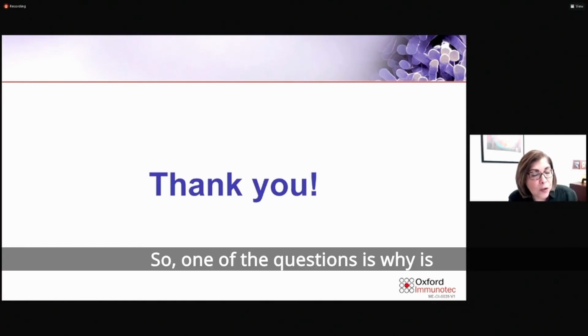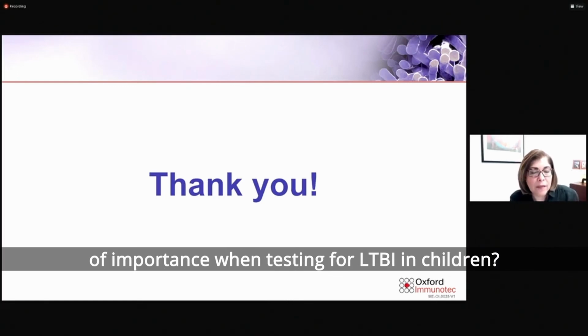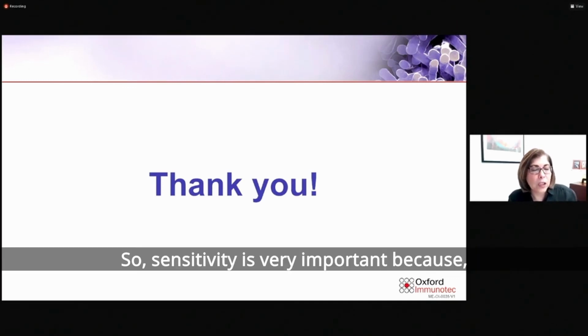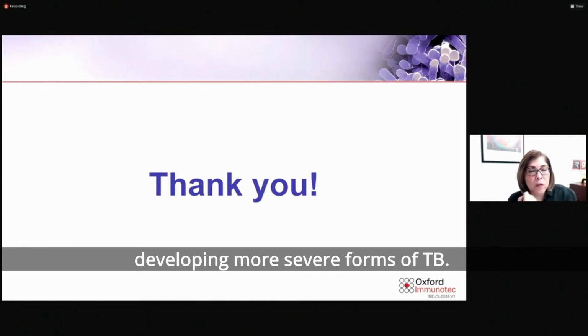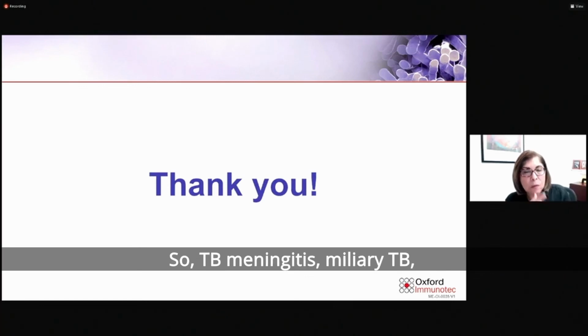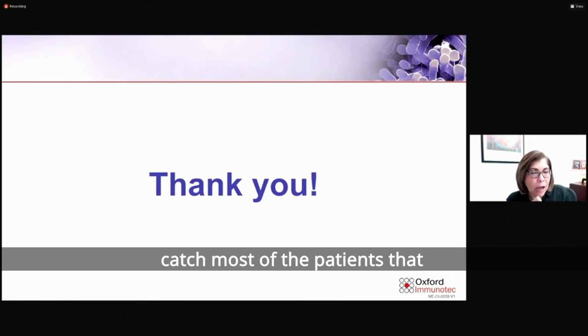One of the questions is, why are sensitivity and specificity of importance when testing for LTBI in children? Sensitivity is very important because especially young children less than 5 years of age have a high risk of developing more severe forms of TB, like TB meningitis and miliary TB. So you want a test that is going to catch most of the patients that are infected.